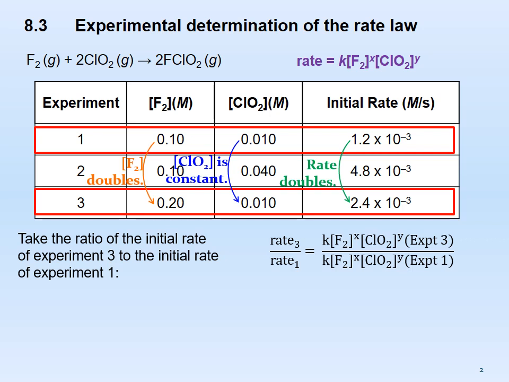Then we substitute the data, that is, fluorine concentrations, chlorine dioxide concentrations, and initial rates of experiments 1 and 3 into this ratio of rate equations.